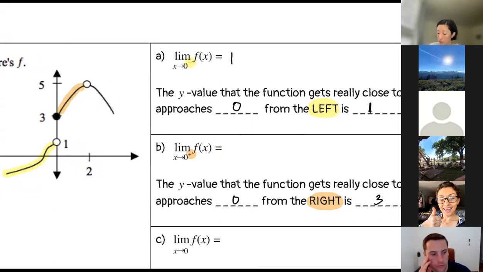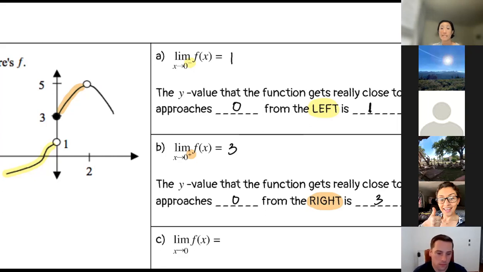Or if we saw this question right here, we would just say, let's look on the right-hand side. Let's see what the function is getting close to. It turns out it's getting close to a y value of 3. Now, for B, does it get to 3? Like, does the function actually get to 3?